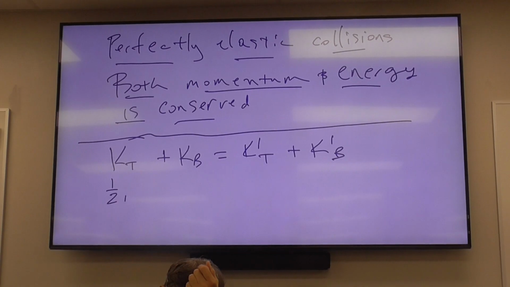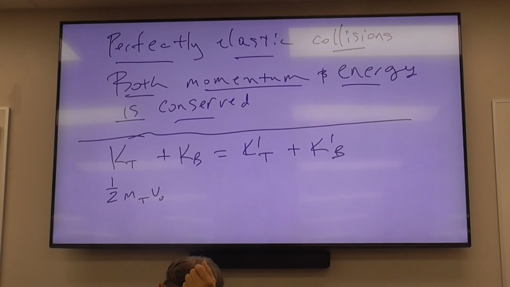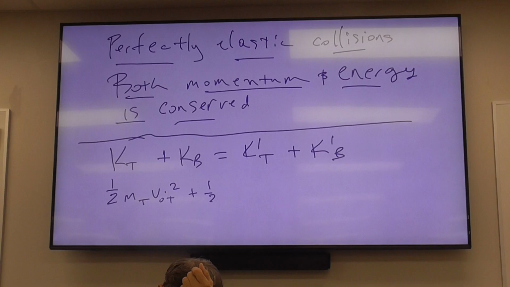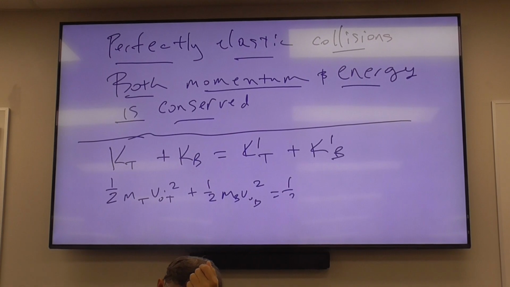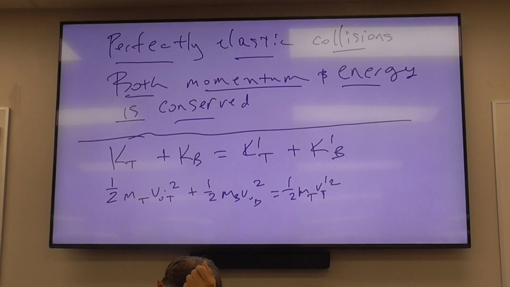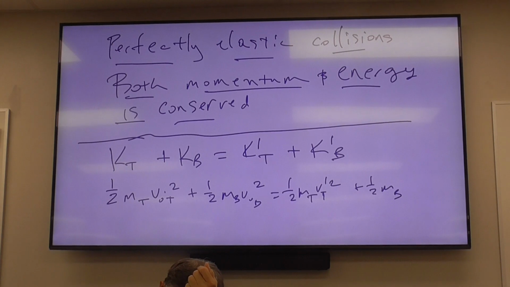So that's going to be 1/2 the mass of the target times the initial velocity of the target squared plus 1/2 times the mass of the bullet times the initial velocity of the bullet squared. And this is why this becomes quite laborious, because this equals 1/2 the mass of the target times the new velocity of the target squared plus 1/2 the mass of the bullet times the new velocity of the bullet squared.